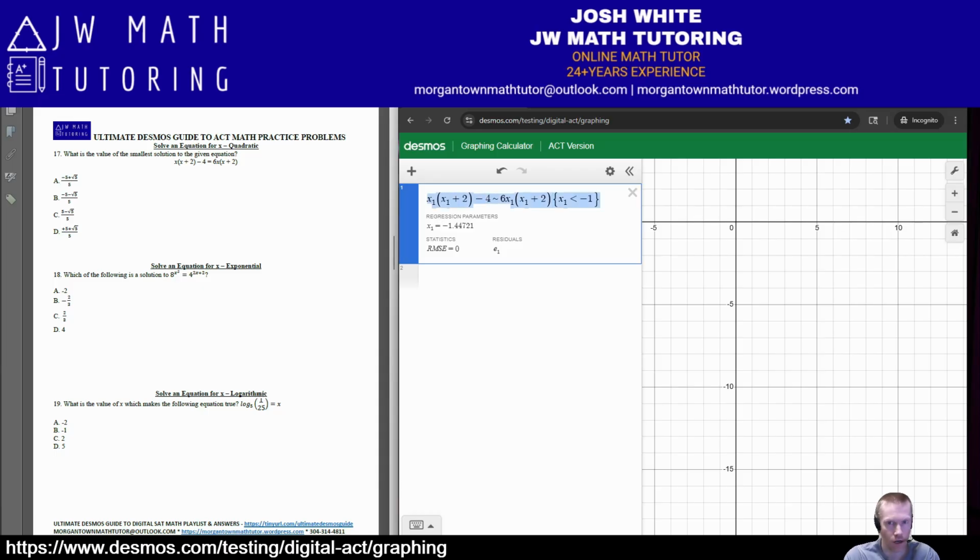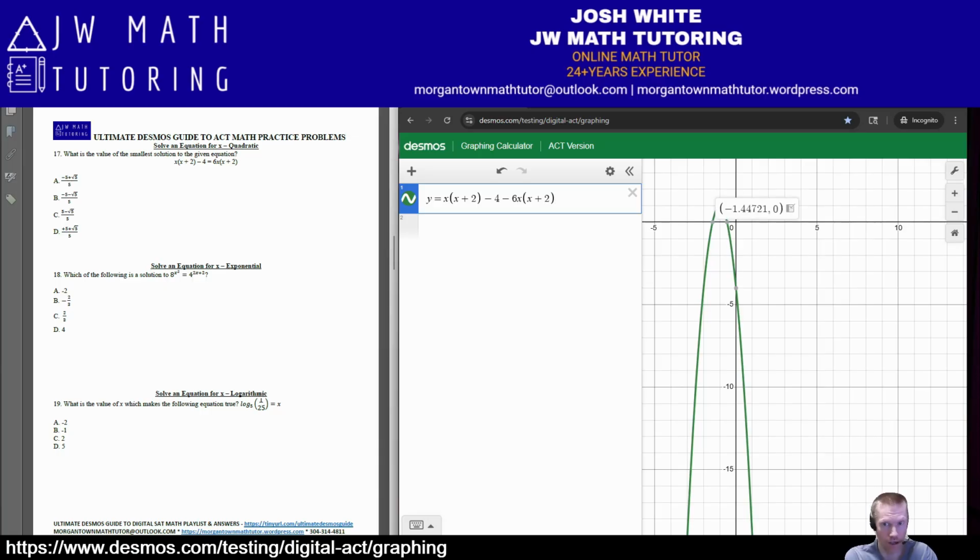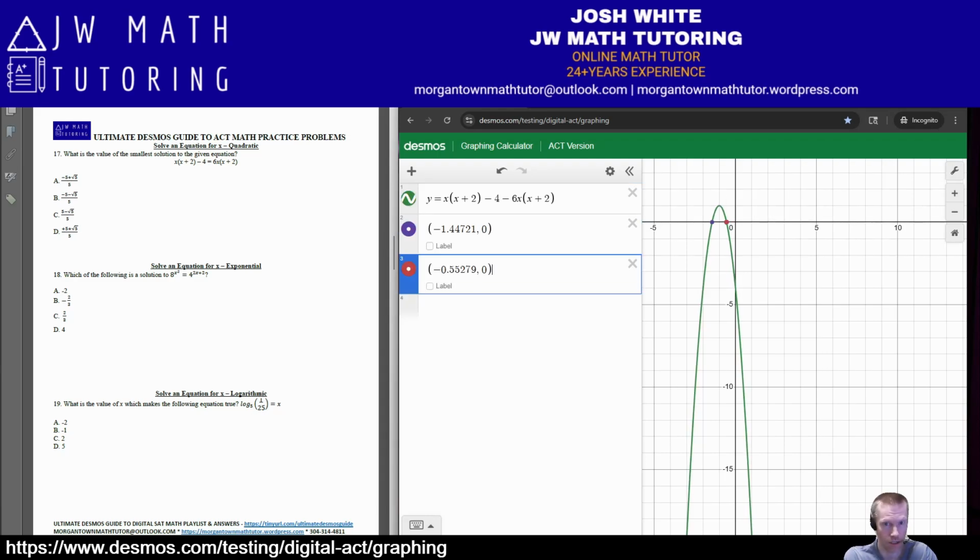One other shortcut you can do with quadratics is pull everything over to one side, and then graph this, and your solutions are your two x-intercepts. Notice I get the same x values here as I did for the other one.